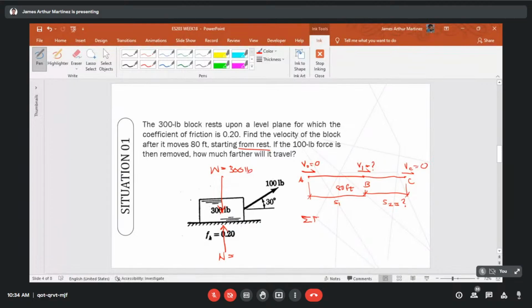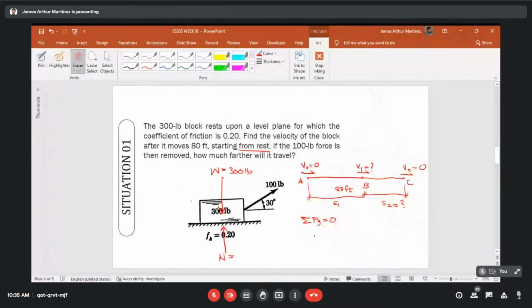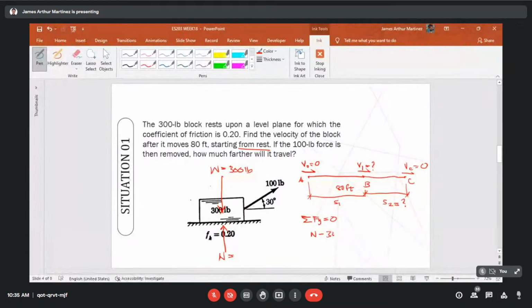We compute the summation of forces on the y-axis. The normal force is upward: N minus 300 plus the y component of the 100-pound force, 100 sine 30, equals 0. Therefore, the normal force acting on our object is 300 minus 100 sine 30, which is equal to 250 pounds.